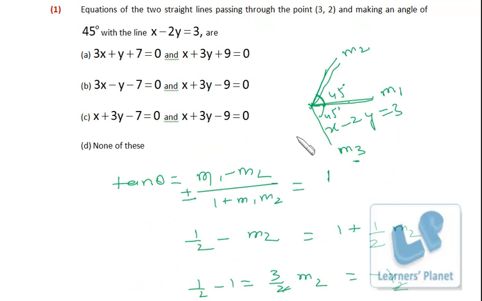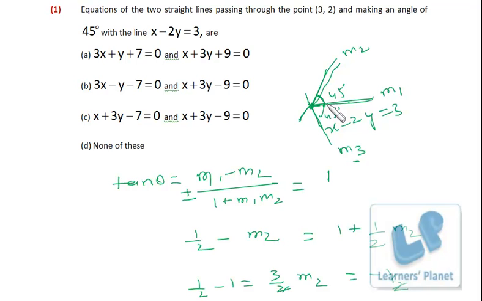So the problem is really simple, a very simple concept we have used over here. The equation of two straight lines passing through the point (3, 2) and making an angle of 45 degrees. This is the point (3, 2) through which both lines are passing.